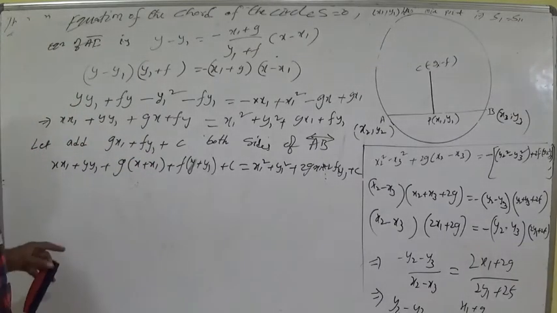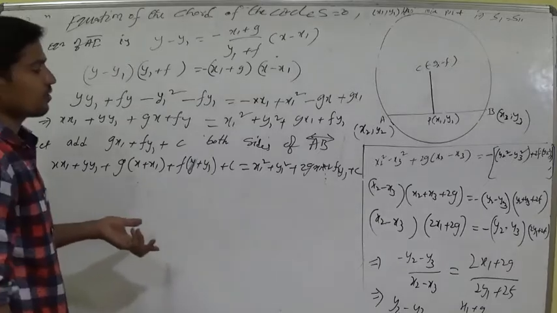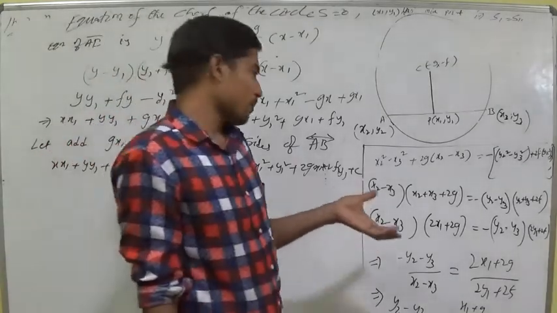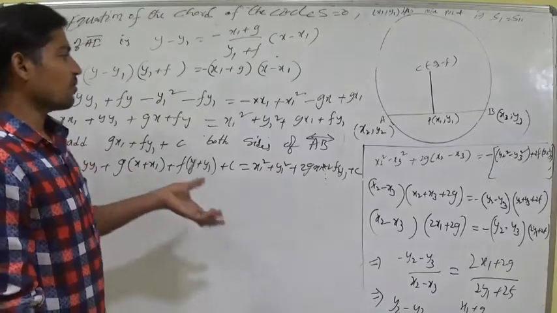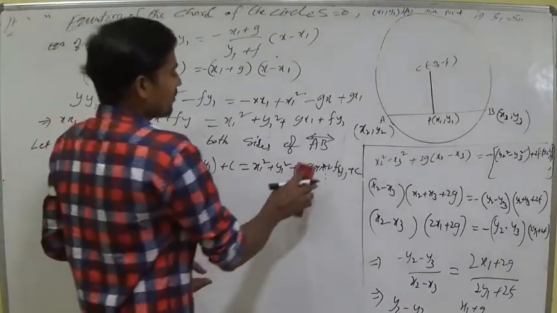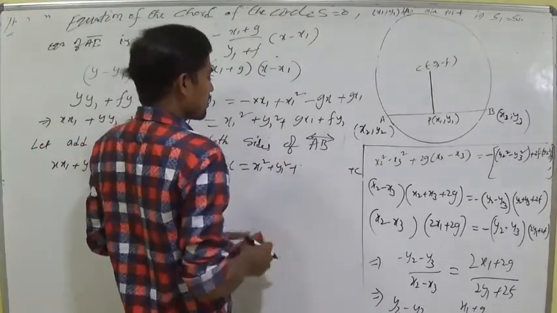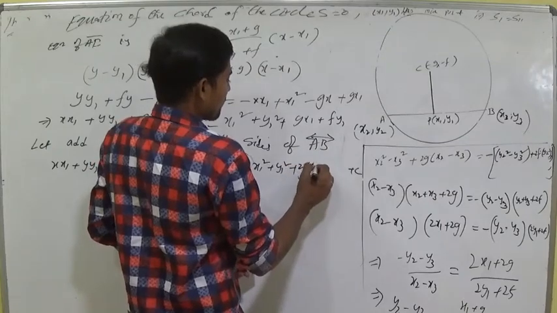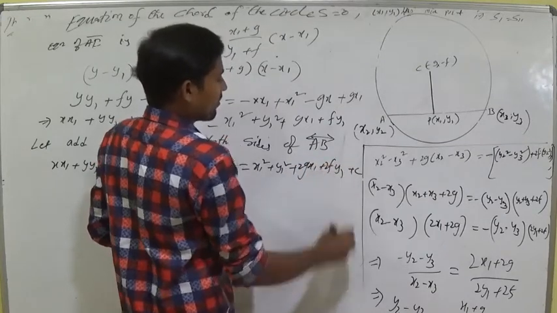So xx1 plus yy1 plus g into x plus x1 plus f into y plus y1 plus c equal to x1 square plus y1 square plus 2gx1 plus 2fy1 plus c, which is equal to what? 2gx1 plus 2fy1 plus c.